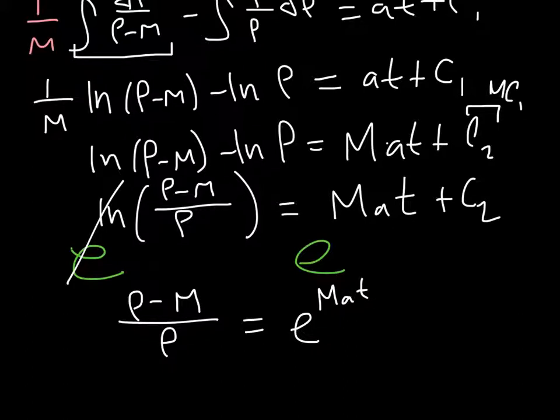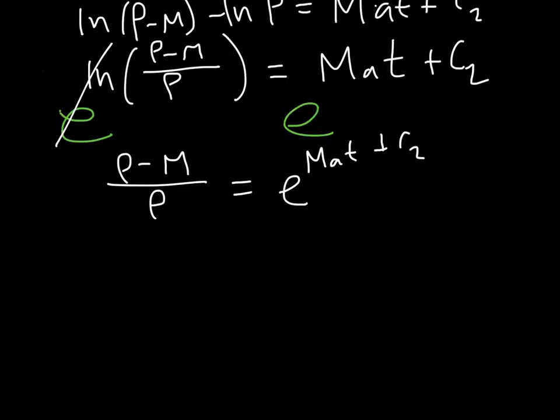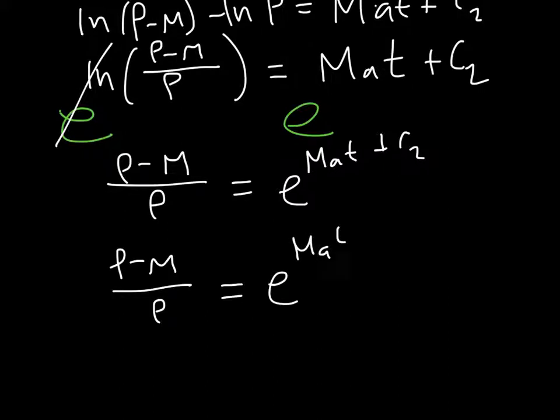Well, we can technically rewrite this. Okay, let's, again, not skip steps. So we have p minus m over p equals, I can split these guys up, e to the mat times e to the c2 here.